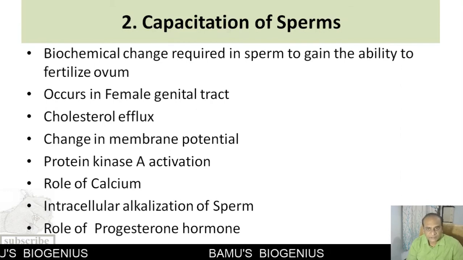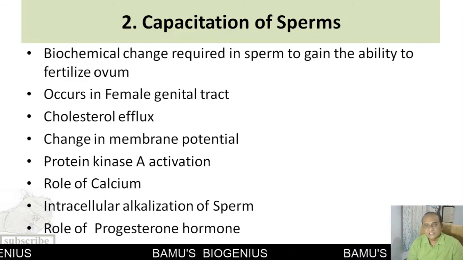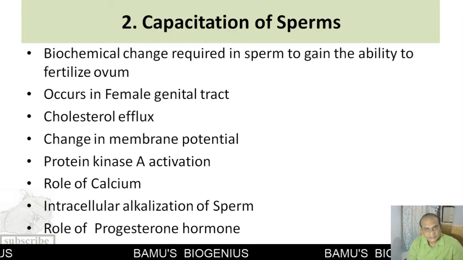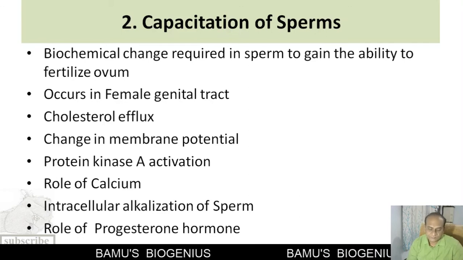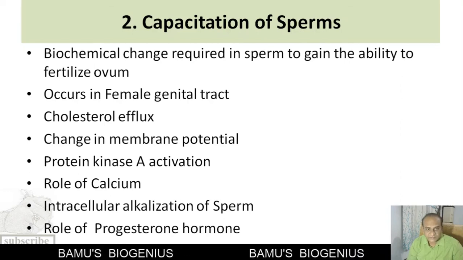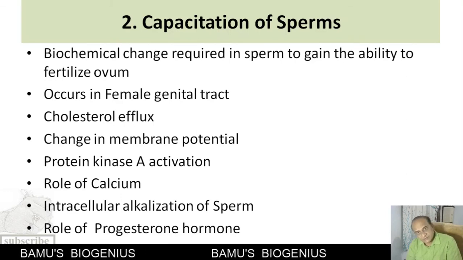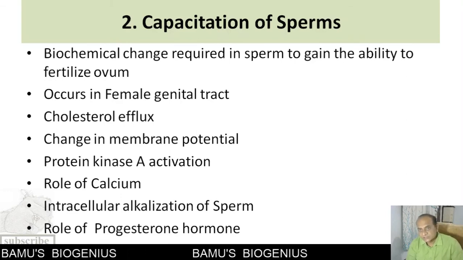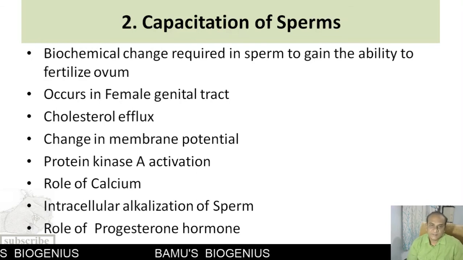It has been found that the sperms need to spend some time inside the female genital tract so that they can get the ability to fertilize the ovum. Now, this gaining of ability to fertilize the ovum after certain kinds of biochemical reactions inside the female genital tract is known as capacitation.